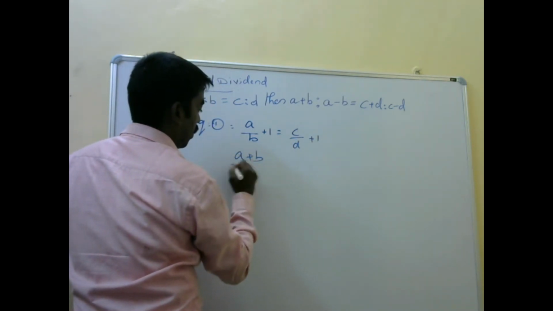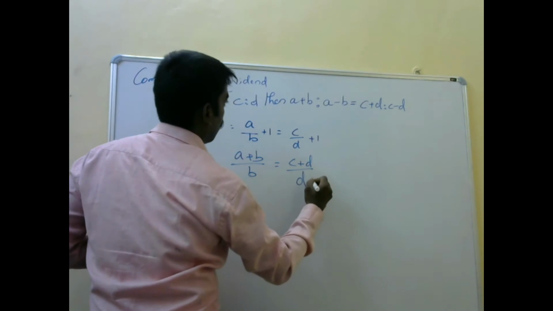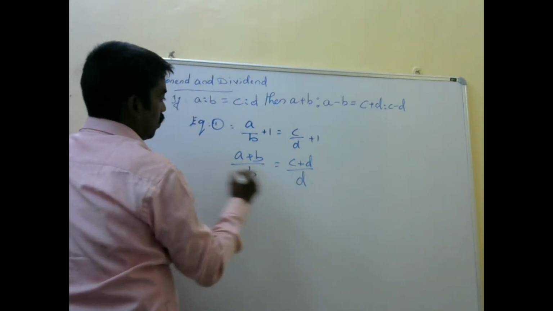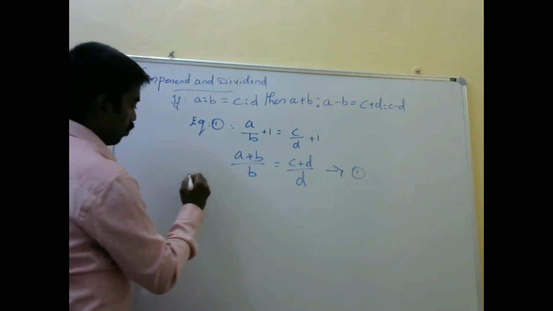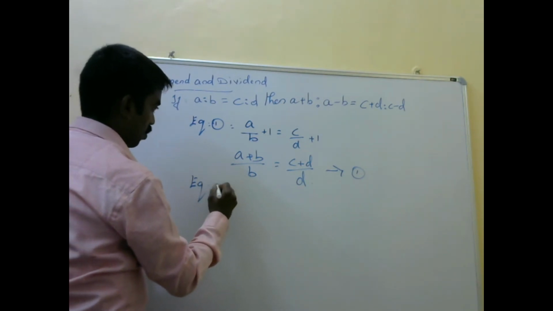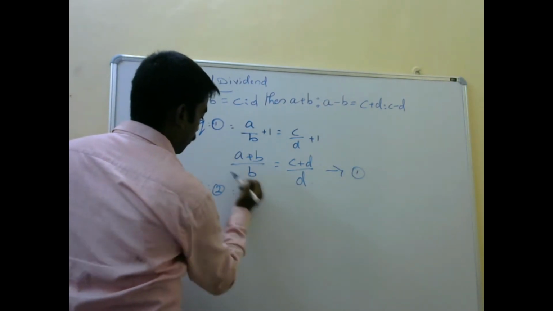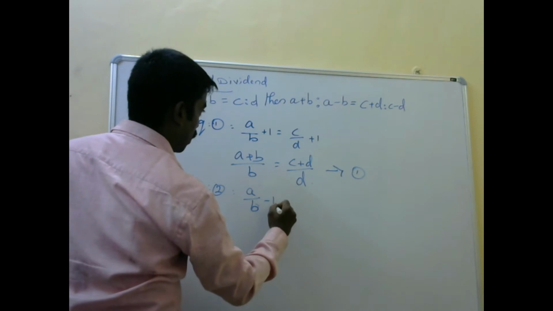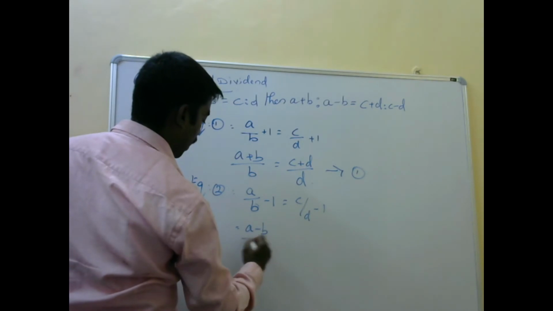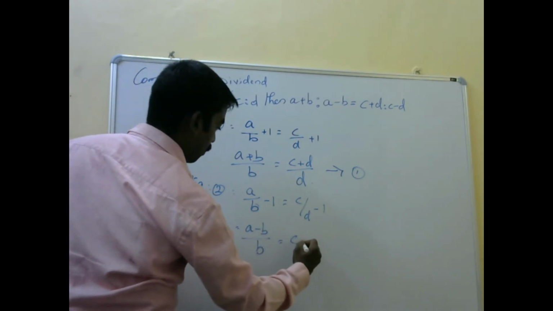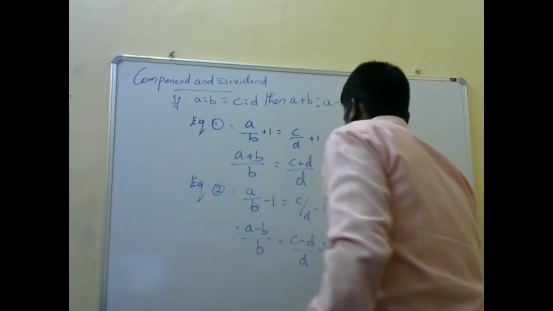A plus B divided by B is equal to C plus D divided by D. This is equation number 1. Equation number 2: A by B minus 1, C by D minus 1. What you will get? A minus B divided by B, C minus D divided by D. This is equation number 2. Copy this.